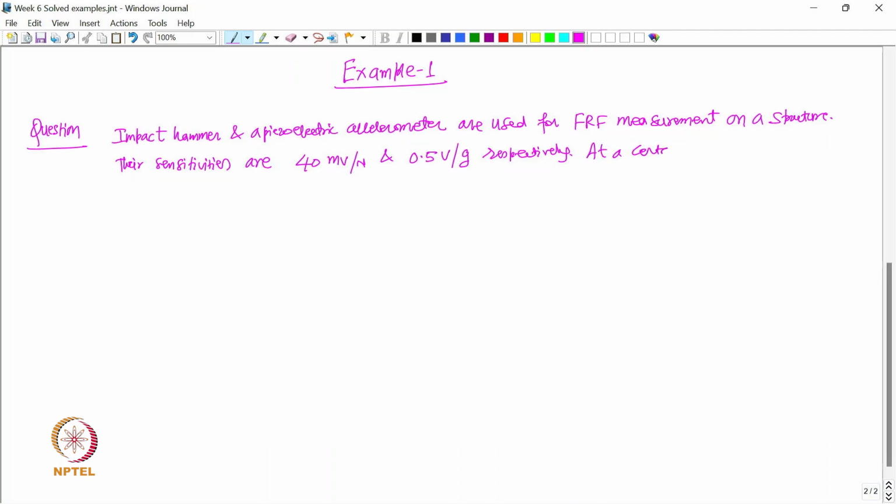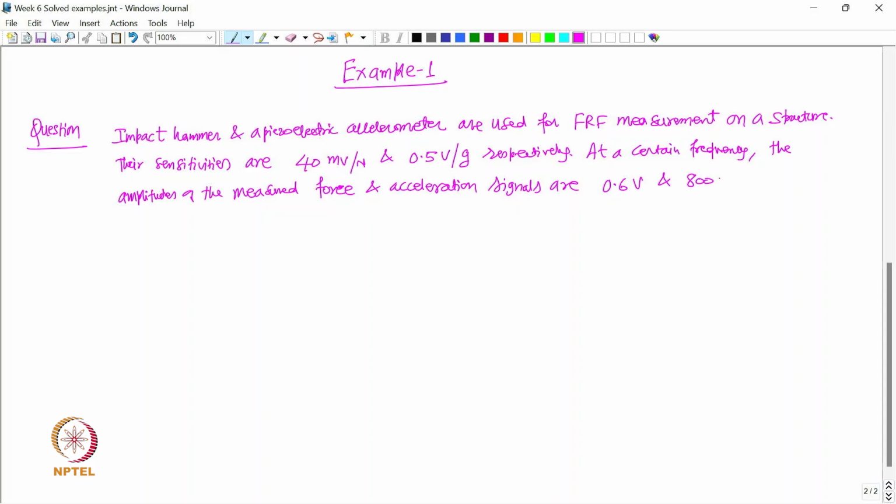At a certain frequency, the amplitudes of the measured force and acceleration signals are 0.6 volt and 800 millivolt respectively.